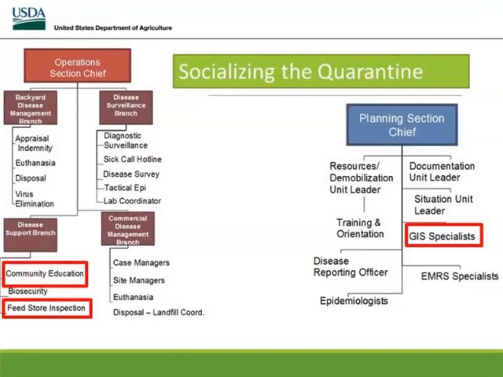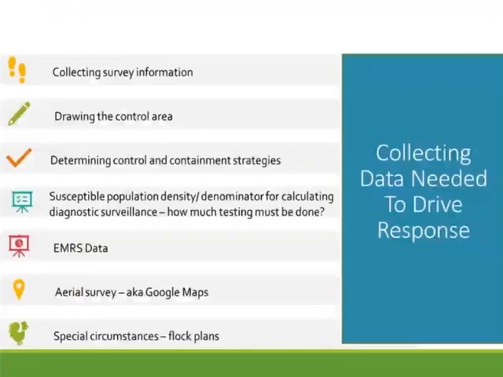Again, like I said, there's no wrong way to organize. We try to let form follow function, and we move items around to make sure that they're getting proper attention. So we definitely moved functions around as needed during the response. The GIS specialists were critical in helping us draft the maps, and they also help with other elements of technology like the address lookup.